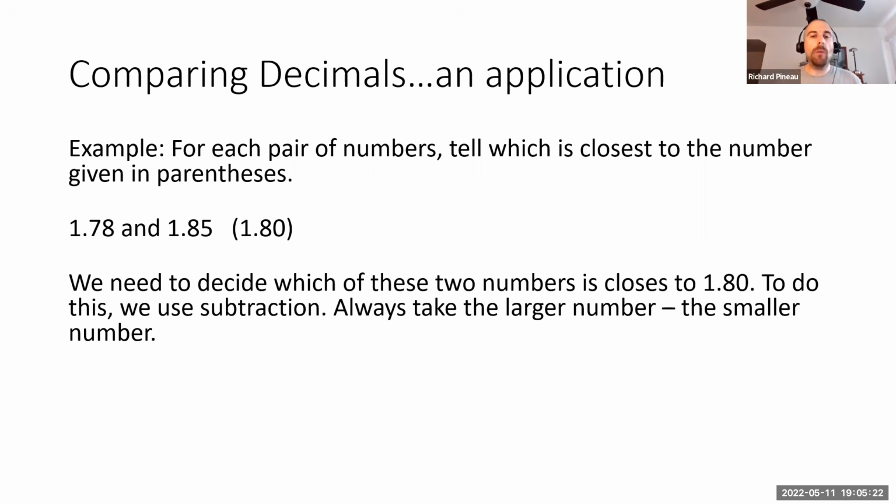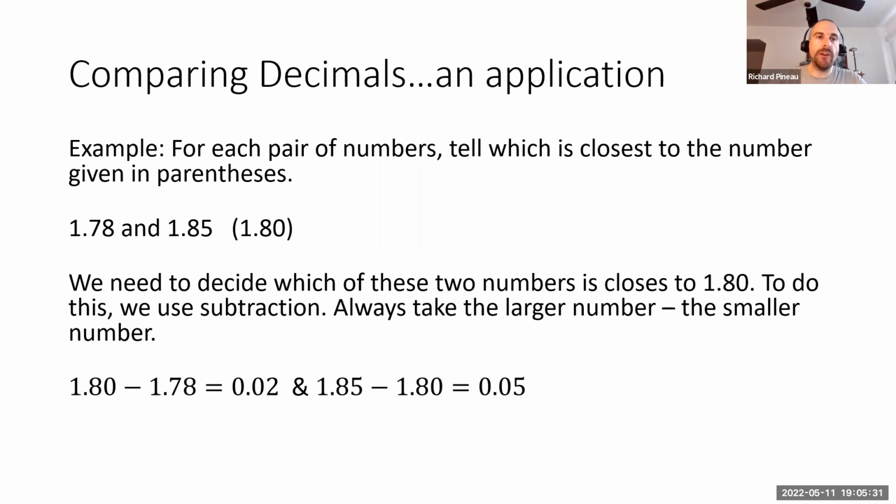We always take the larger number minus the smaller number. So we have to do two computations. The first is 1.80 minus 1.78, and that difference is 0.02. The next one is 1.85 minus 1.80, and what we get is 0.05.